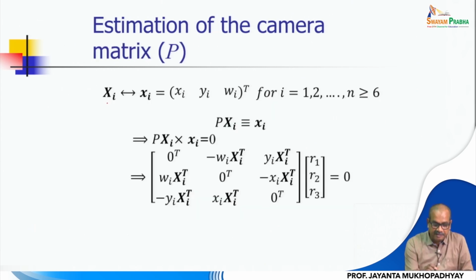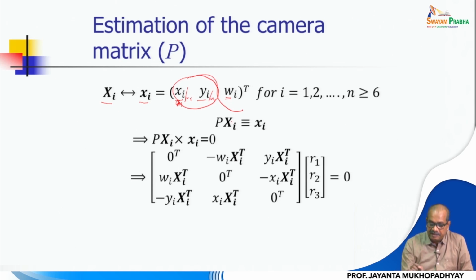As I mentioned, you have the xi as a scene point and you have the corresponding observed image point, and in general I am also keeping the scale factor wi. So I will get xi, yi, wi, which means my observed coordinate would be xi by wi and yi by wi, these coordinates in the observation window.